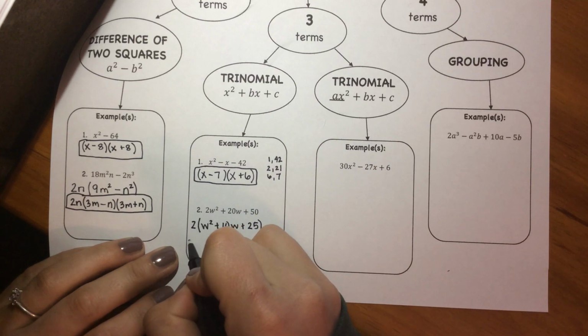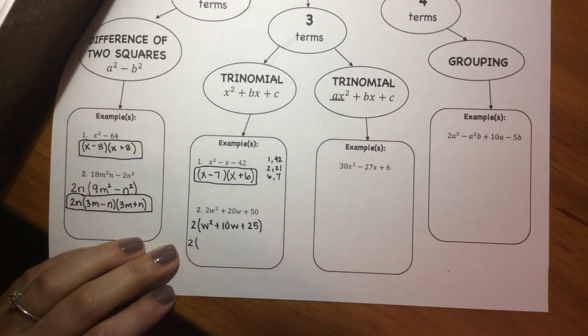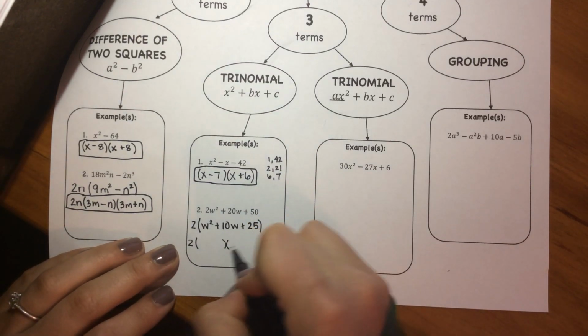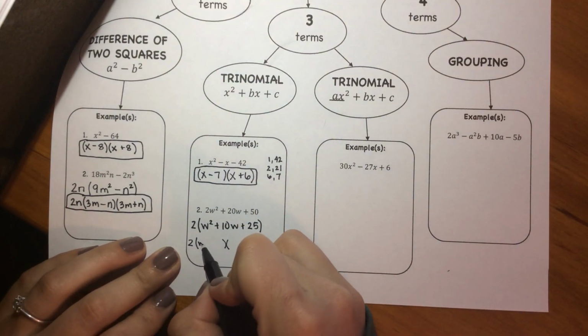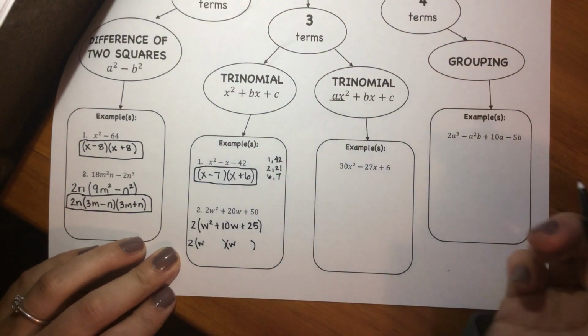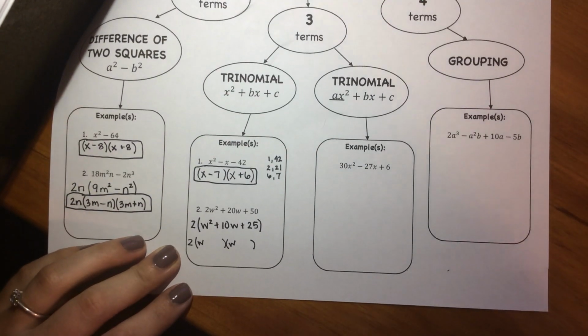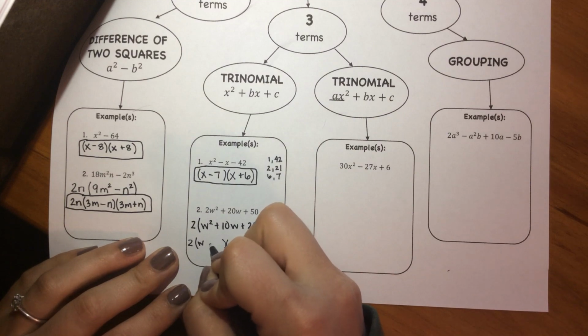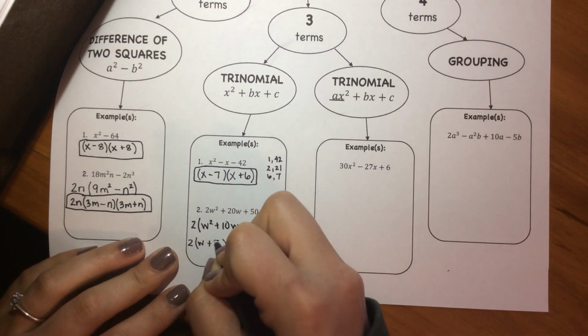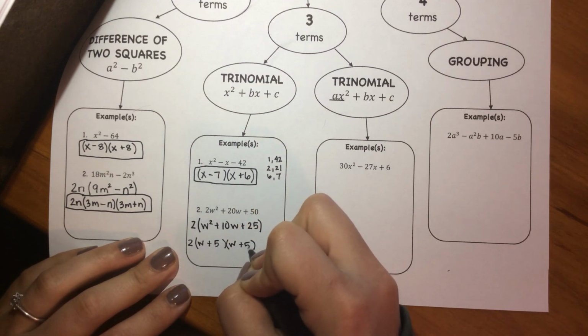Okay? Again, I'm going to leave my 2 outside of my parentheses. I need 2 sets of parentheses here. Break down the w into w and w. I need to break down the 25, and it's going to become 5 and 5.